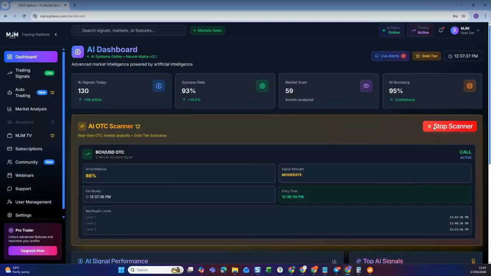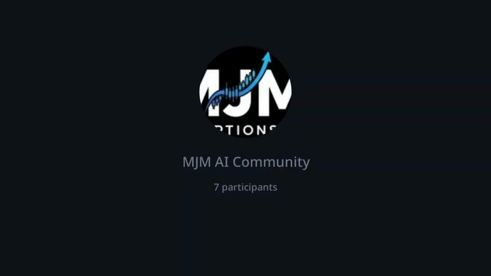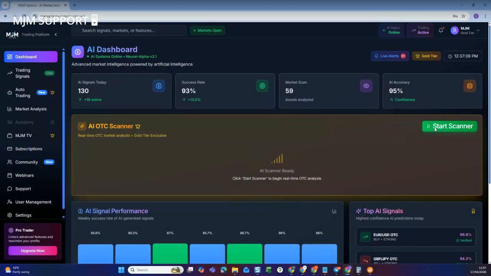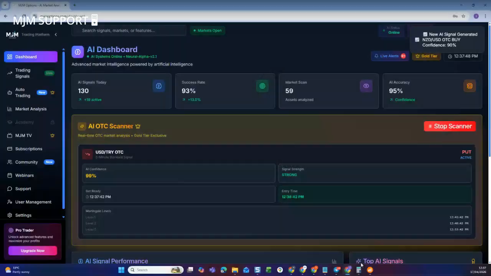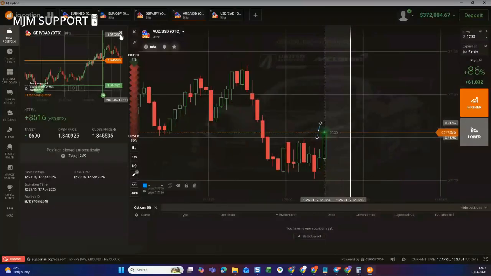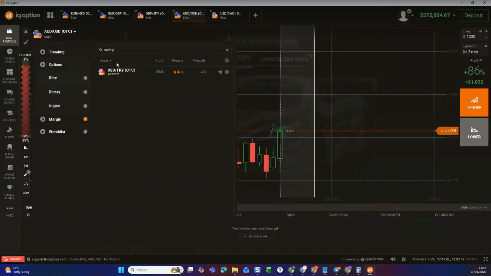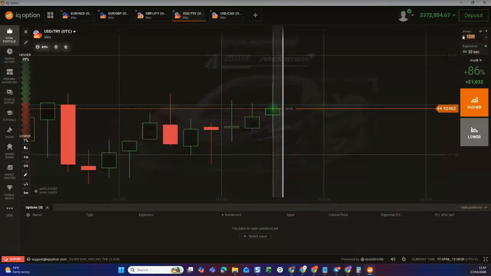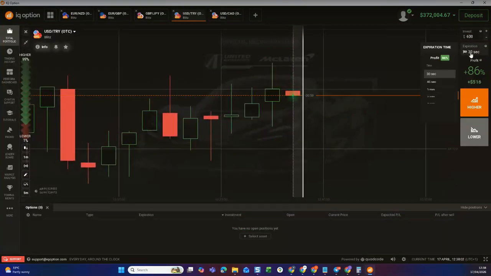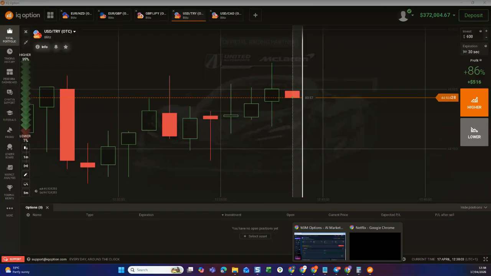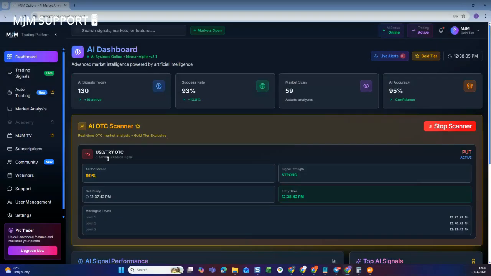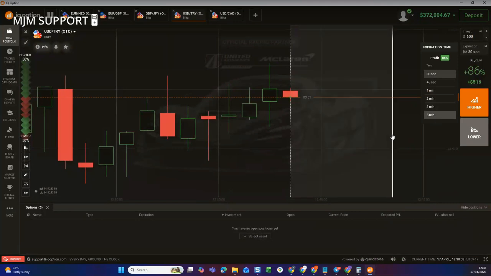So 81, 86, 82, 79, 99, and strong. So what pair is this? This pair is USDT-RY, and I'm risking 600, and I know it should be a 5-minute standard signal, so that means I'm trading for 5 minutes also.